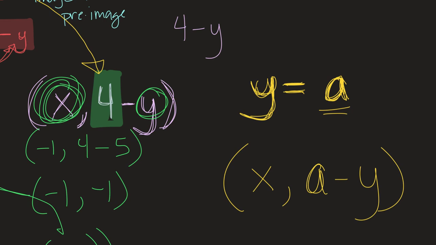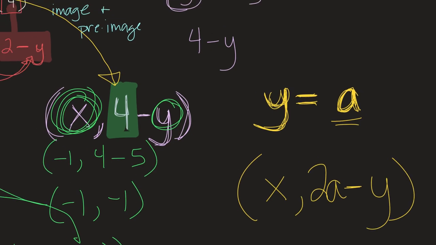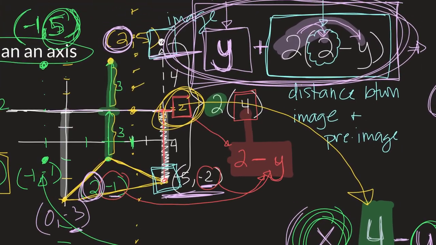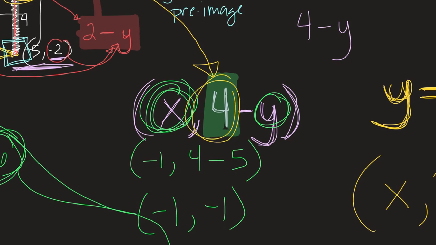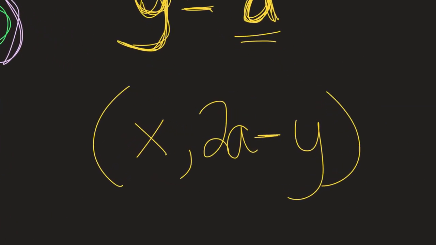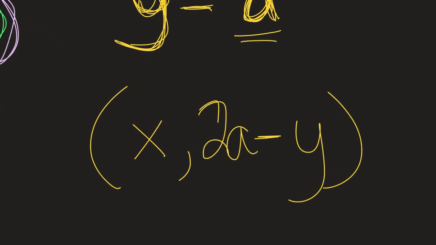Nope, sorry, that's not right. Let me erase that. My brain just did a little funky thing there. It's not the same as your a value, it's twice your a value. Because we had y equals 2 as our horizontal axis, and then the 4 became doubled. So we have the equation x comma 2a minus y.